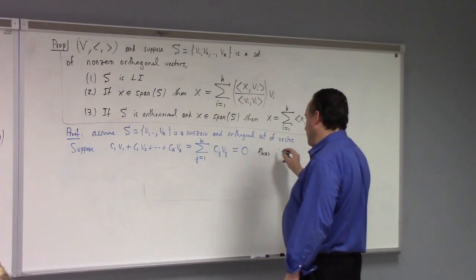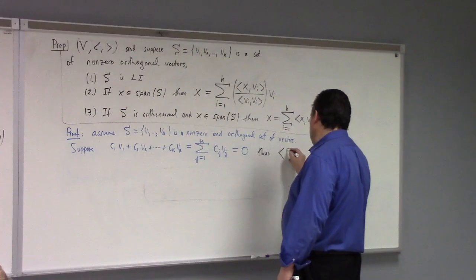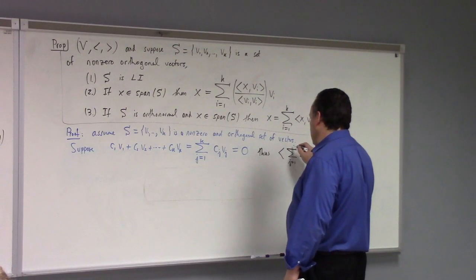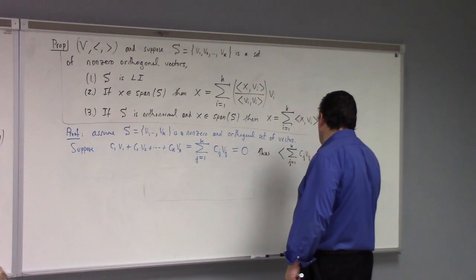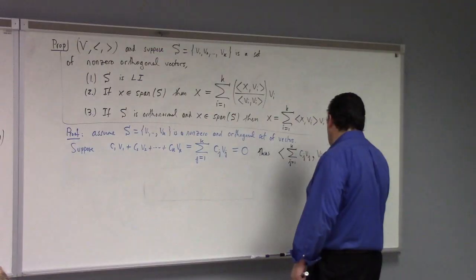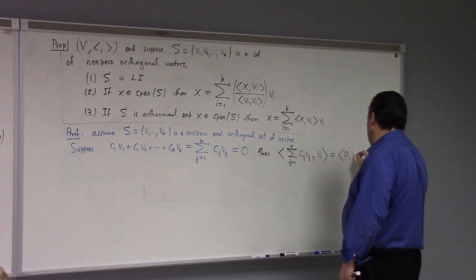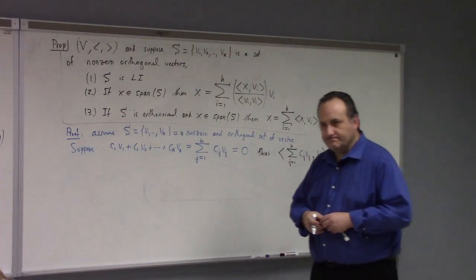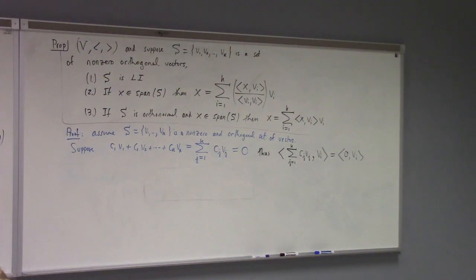Thus, the inner product of the sum j equals 1 to k of cj vj with vi is equal to the inner product of 0 with vi, right? Do you guys follow?